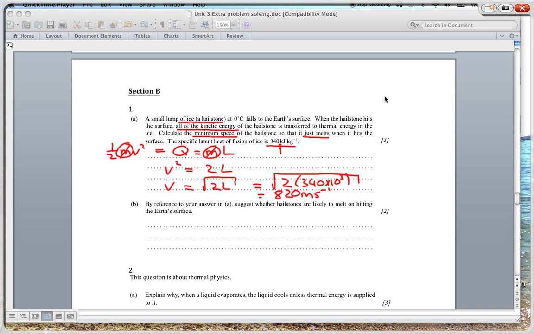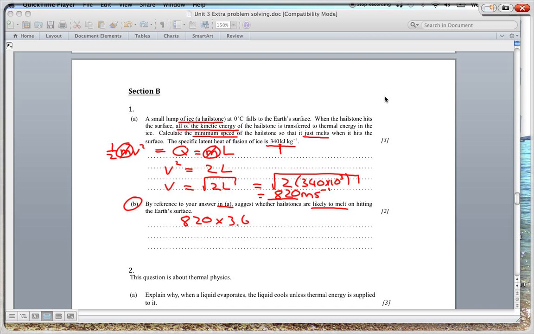By reference to your answer in A, suggest whether the hailstones are likely to melt on hitting the Earth's surface. Now, it's unlikely because this 820 meters per second is very fast. If you convert that to kilometers per hour, that's 820 times 3.6, so you're looking at in excess of around 3,000 kilometers per hour.